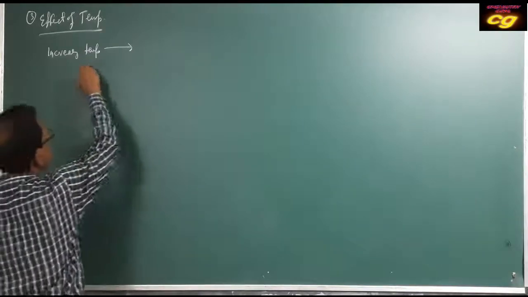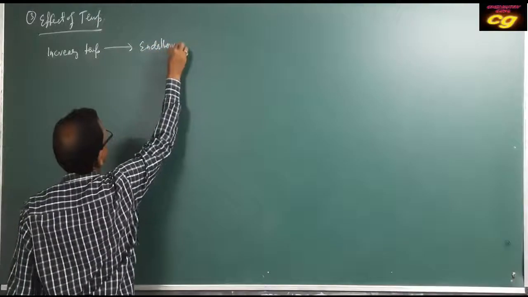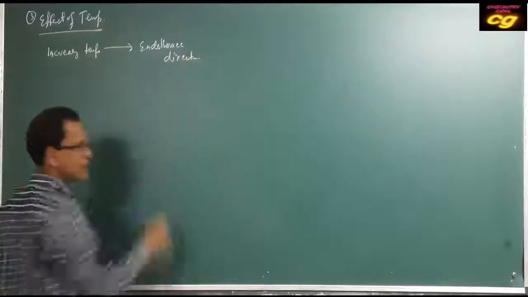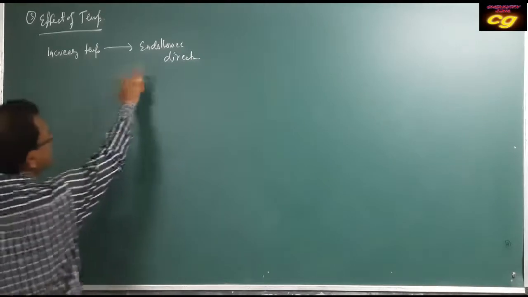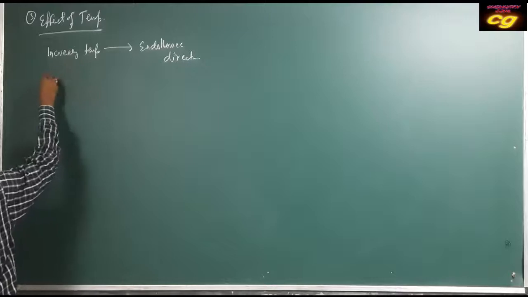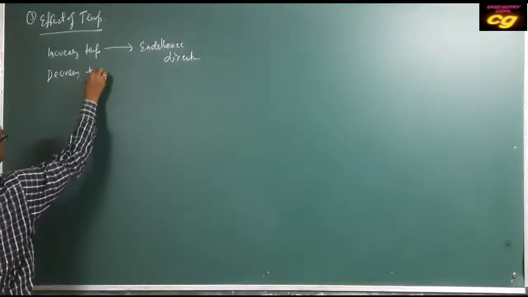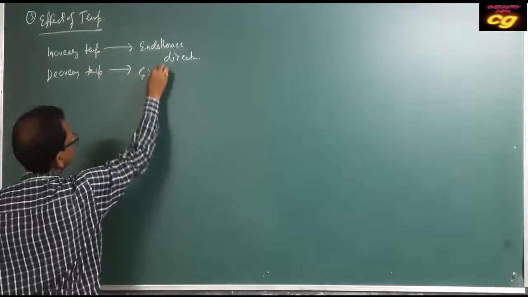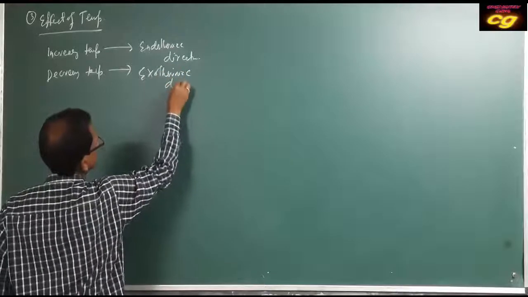It may be towards the reactant or towards the product, but you have to see on which side the endothermic change takes place. And decreasing temperature, equilibrium shifts towards the exothermic direction.